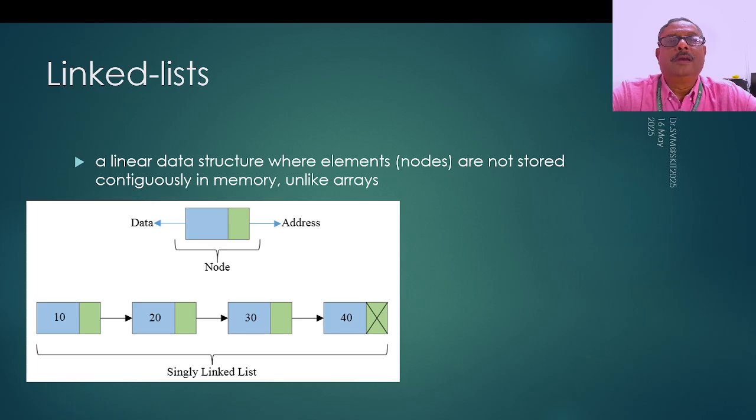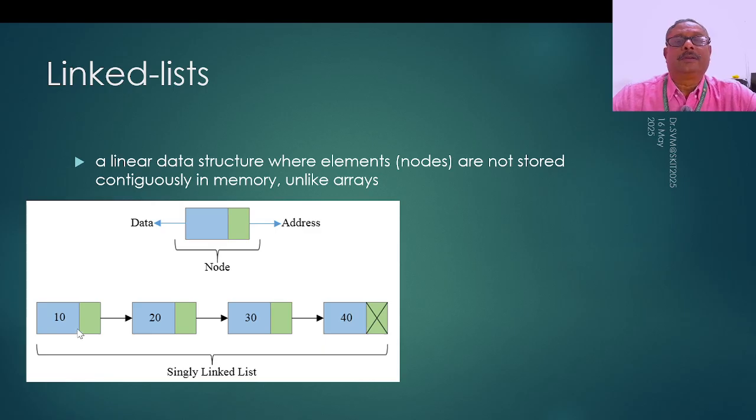Here we don't have such an option. Therefore, we need to specifically say where exactly the next data is located. So all this is fit in one structure called a node, which contains two components: one stores the data, and the other stores where exactly the next node is situated.